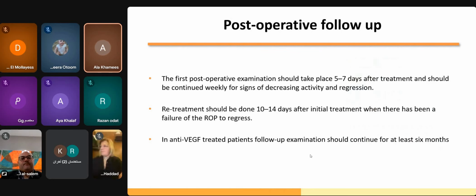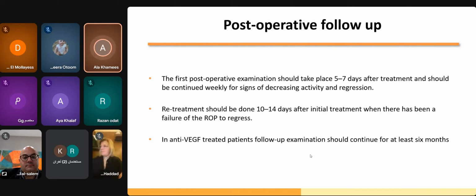Post-operative follow-up, either for laser or for intravitreal injection. Normally, we examine 5 to 7 days after treatment and should continue weekly for signs of decreasing activity and regression. Retreatment should be done 10 to 14 days after the initial treatment when there has been a failure of the ROP to regress.